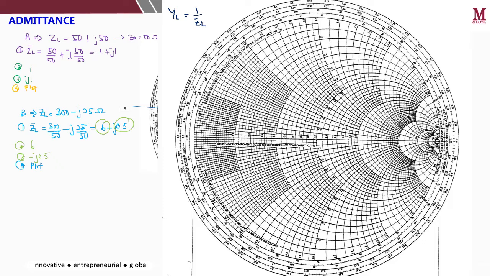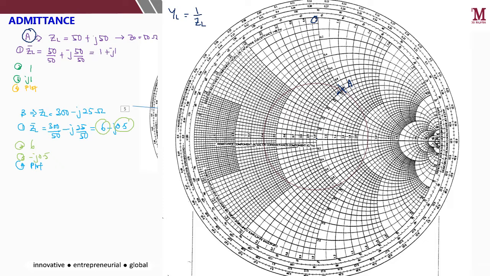So let's use the earlier example. You have point A, with ZL equal to 50 plus j50 ohm, so normalized ZL for A equal to 1 plus j1. So 1 here plus j1. So point A is there.